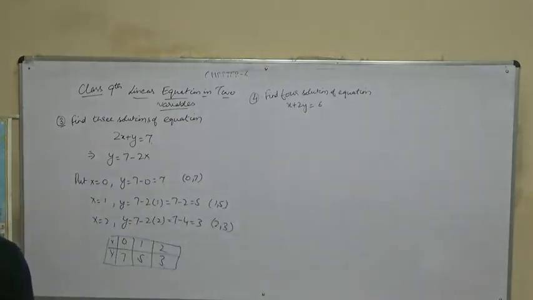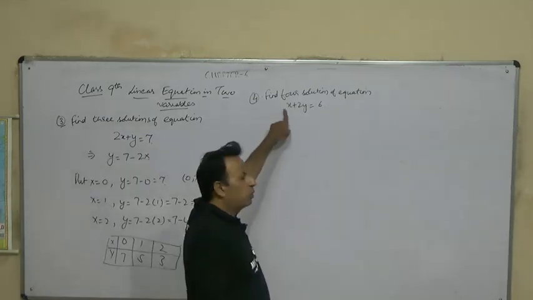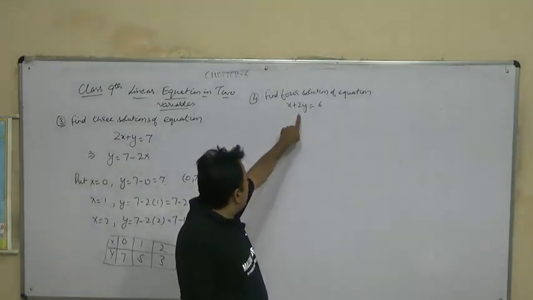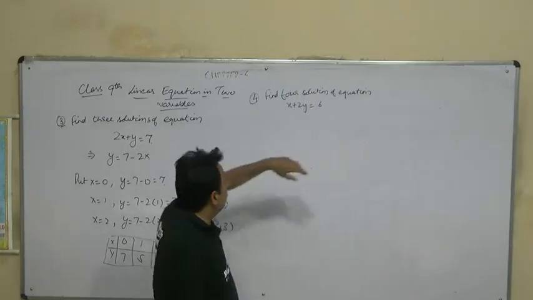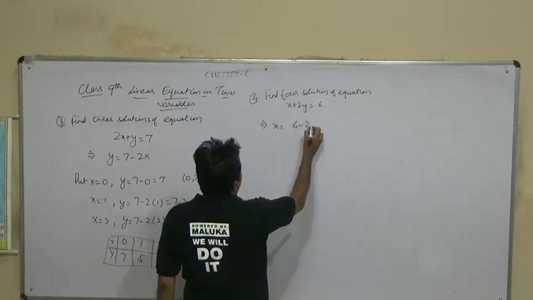Here we have to find the four solutions. Here also we see that x has coefficient 1. We take 2y to the other side, so this will be converted to x is equal to 6 minus 2y.